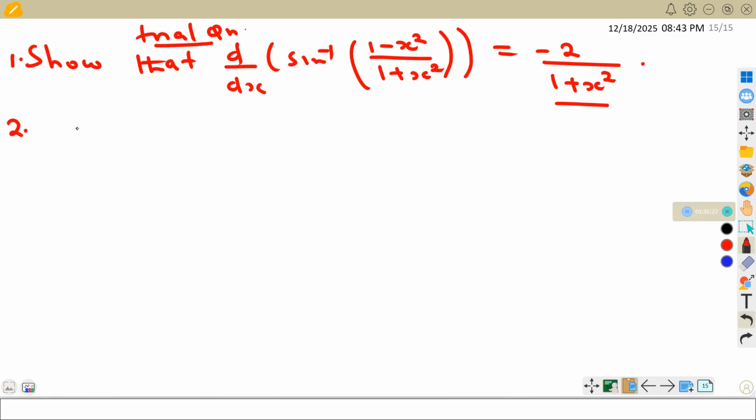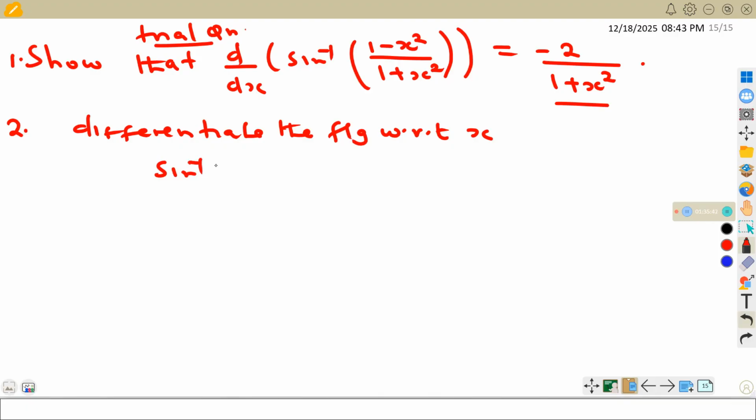Likewise, you will try to differentiate for me the following as well. You have a sine inverse of 2x minus 1. We have a tan inverse of 1 minus 3x.